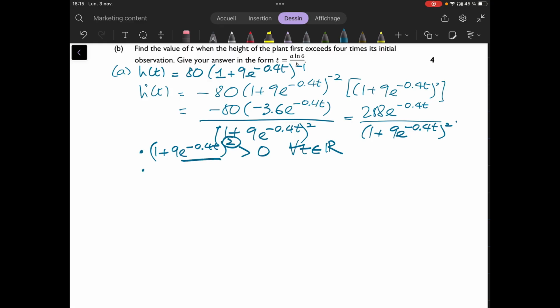The numerator is also strictly positive because e to the negative 0.4t cannot be negative or 0. Therefore, h prime of t has to be positive, and therefore h is increasing.